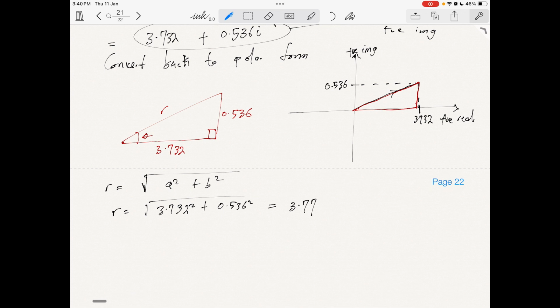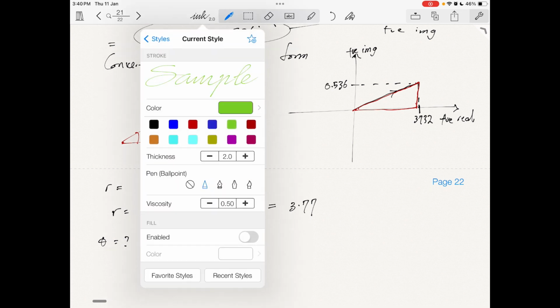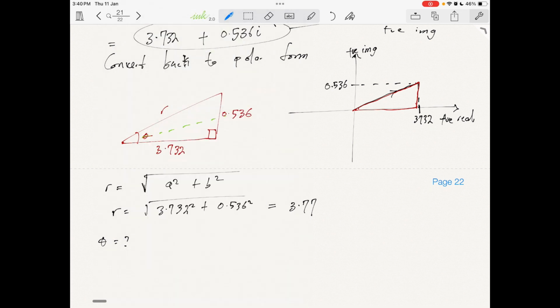Now the next thing is to calculate our theta. Okay. Now if we look at this, the side facing angle theta is called opposite, and the side beside it is called adjacent. And we recall that tan theta is equals to opposite over adjacent.